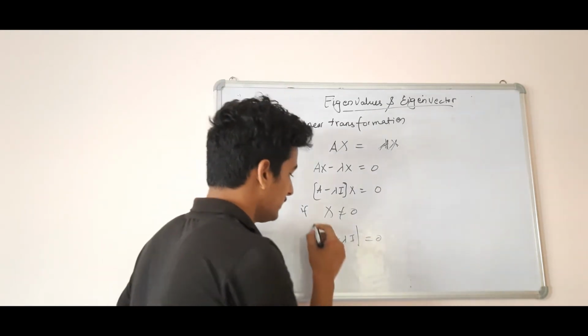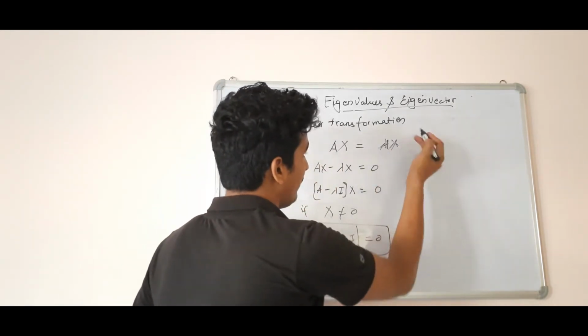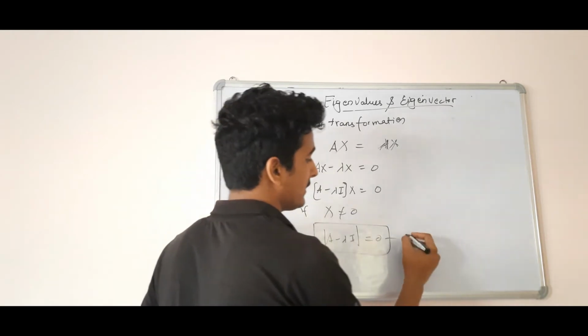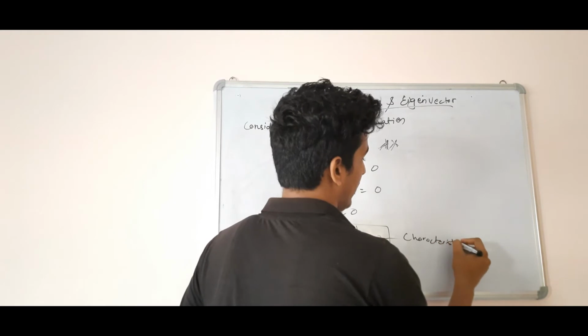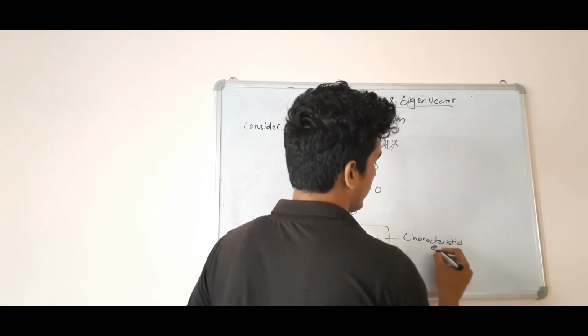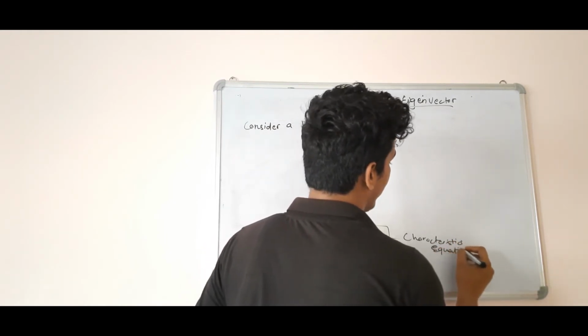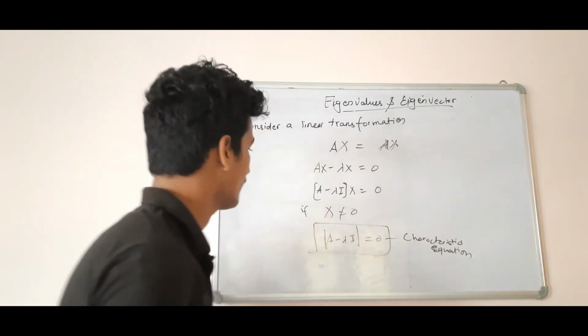So this kind of equation is called the eigenvalue equation, and you can also say this is a characteristic equation.